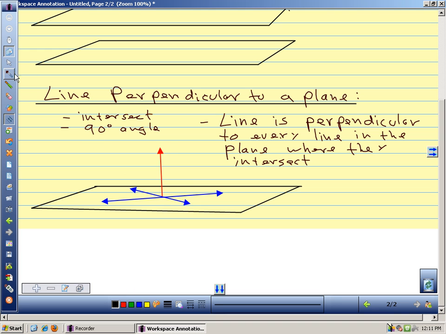So it makes a 90-degree angle with this line, and it makes a 90-degree angle with that line also. And with every line that goes through this point. So it has to make a 90-degree angle with every line in the plane where the lines intersect. That's how we guarantee that a line is perpendicular to a plane.